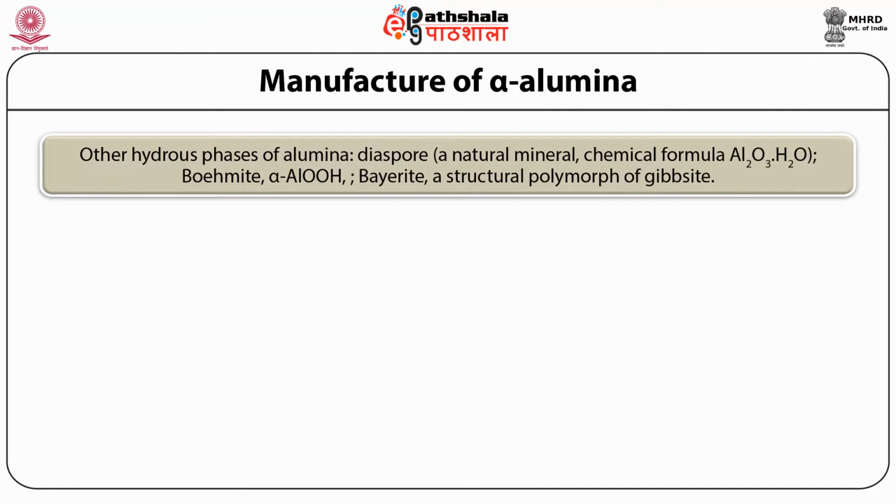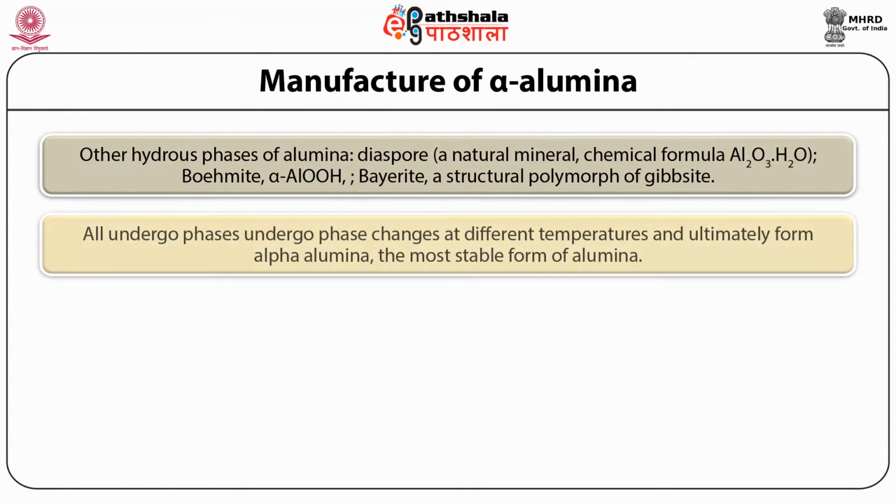A natural mineral is diaspore, with the chemical formula Al2O3.H2O; boehmite, and alpha AlOOH is a component of the bauxite ore. Bayerite is a structural polymorph of gibbsite. All these forms are also components of bauxite ore. These phases undergo phase changes at different temperatures and ultimately form alpha alumina, which is the most stable alumina.